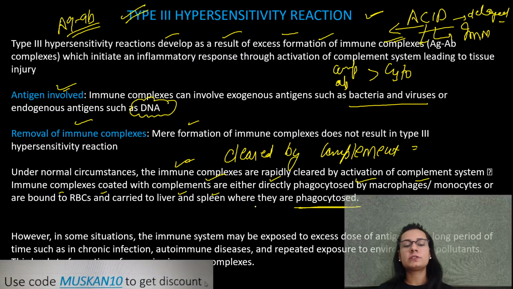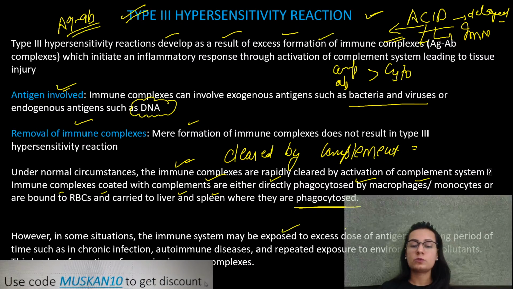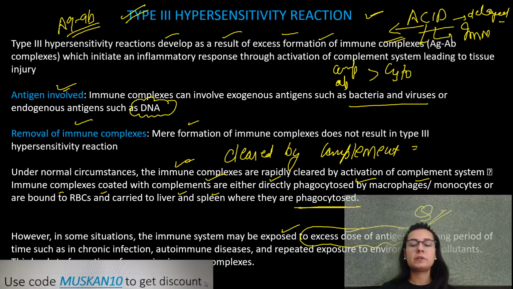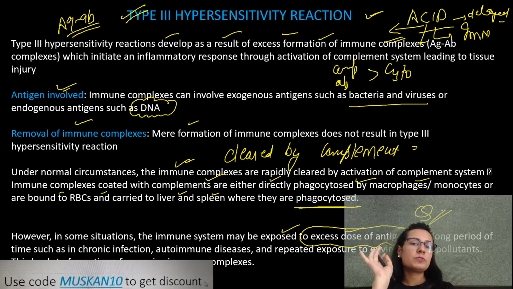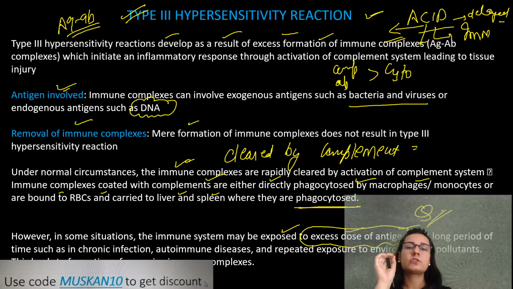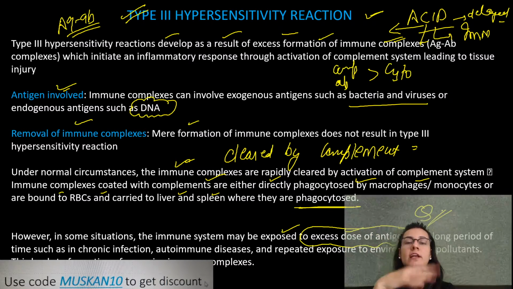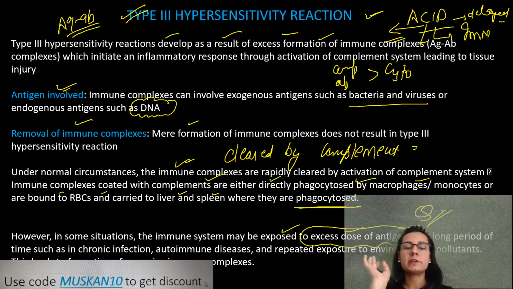However, in some situations, the immune system may be exposed to an excess dose of the antigen. This line is important: excess dose of antigen over a longer period of time and repeated exposure. The antigen is so much in number, as in chronic infection, that the complexes are not removed by the body and they get lodged in the basement membrane.